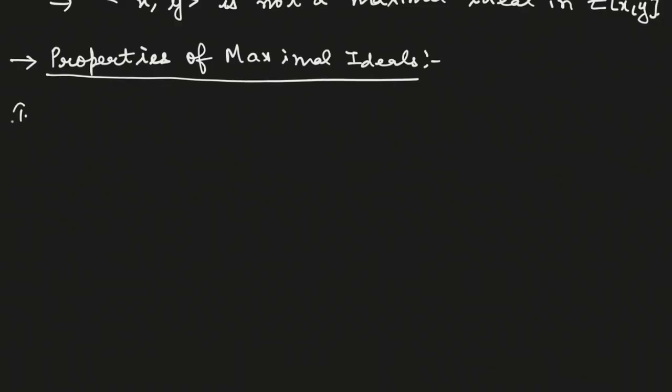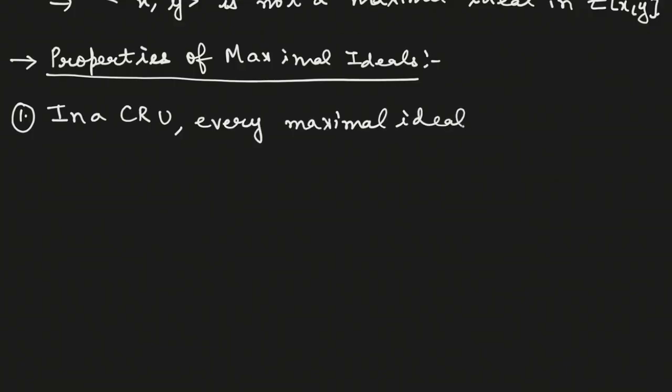First, in a commutative ring with unity, every maximal ideal is prime. Means maximal implies prime. The converse need not be true.